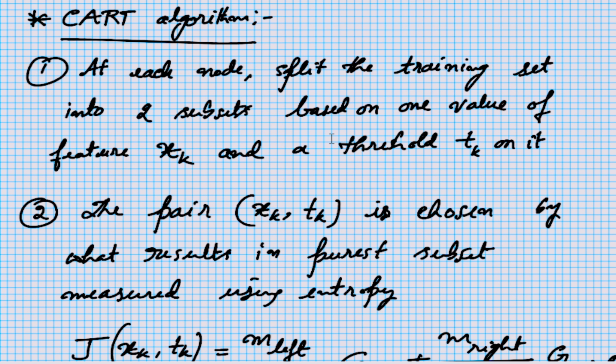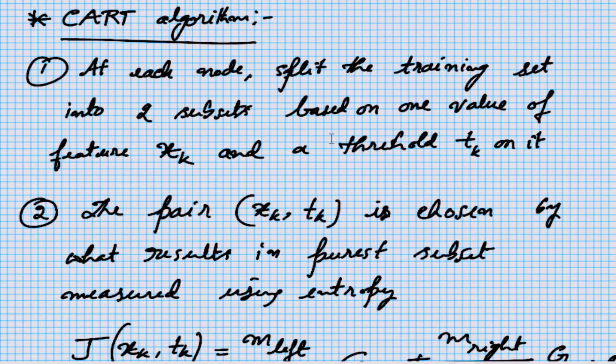How did you decide? The CART algorithm decides: go for x1, select the threshold as this. But initially you don't know that. So you start one by one. Take x1, decide a threshold. Take x2, decide a threshold. Take x3, decide another threshold. The calculation of tk I'll come to later, in the next upcoming point.